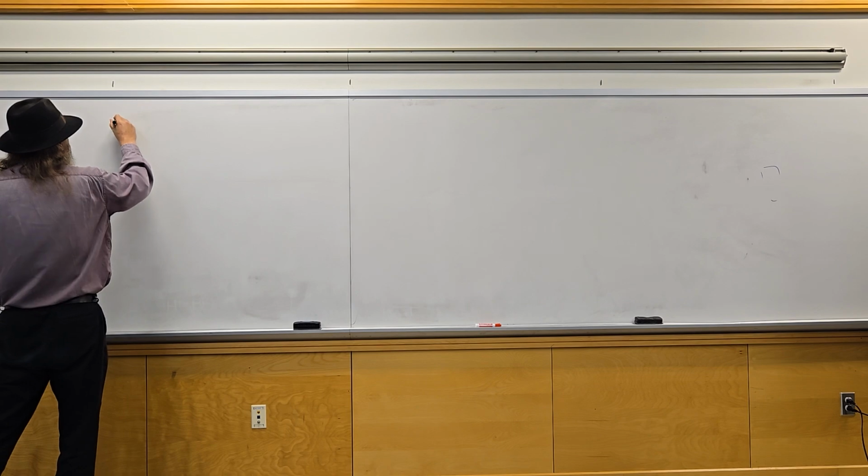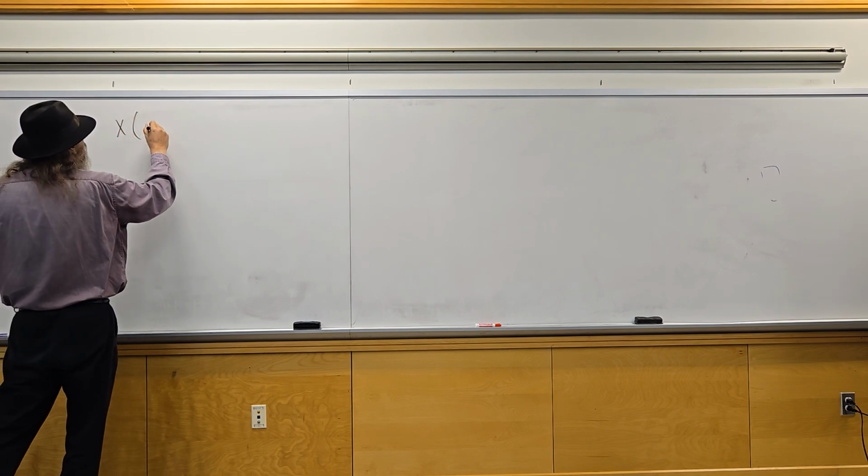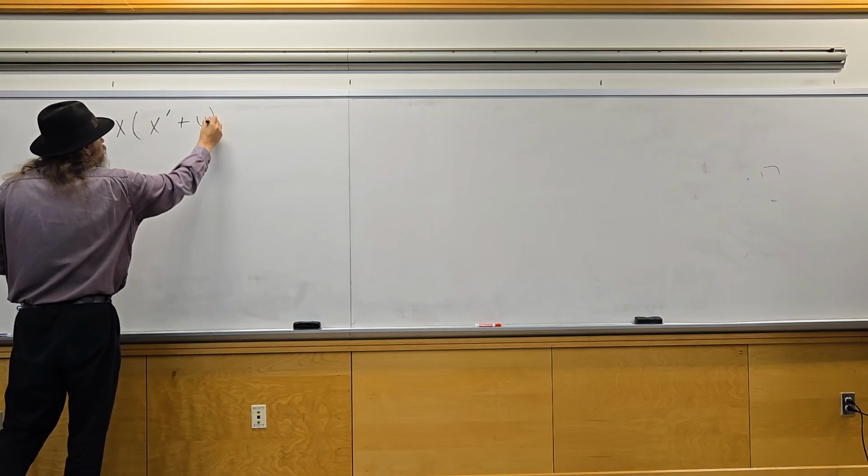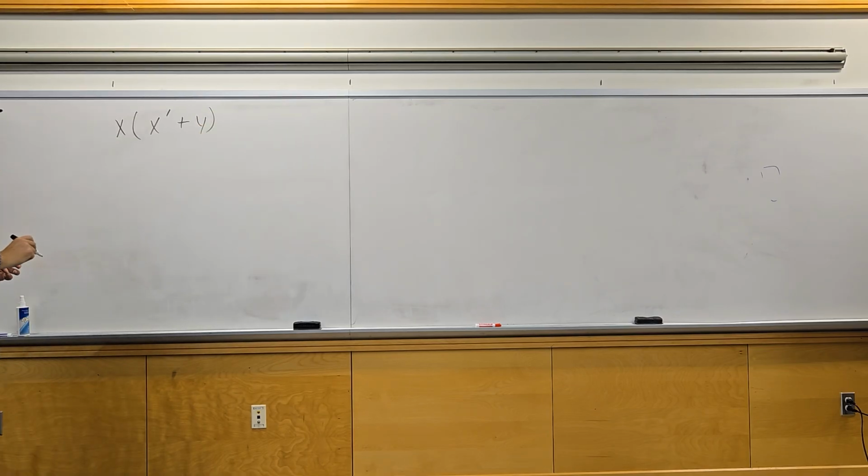Let's see here, x times (x prime plus y). How would you reduce that?